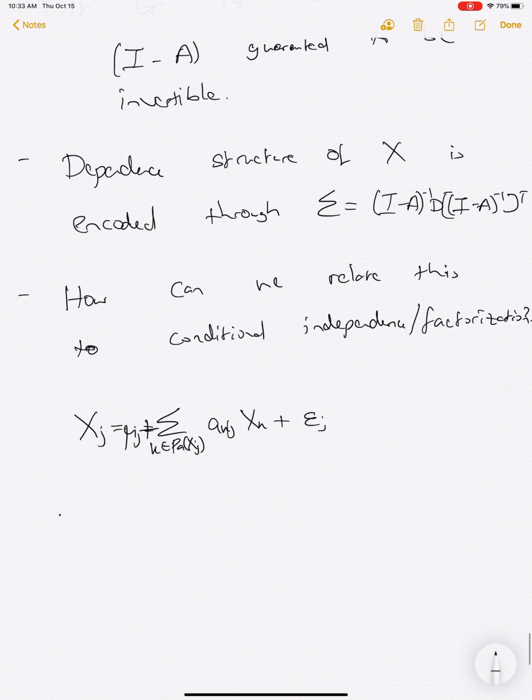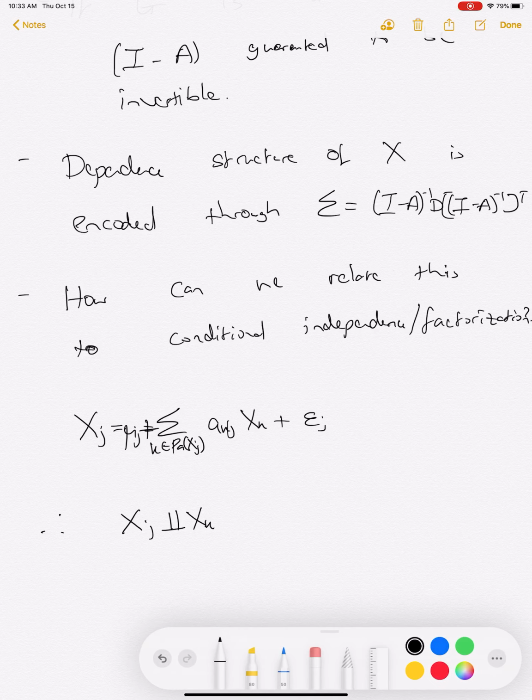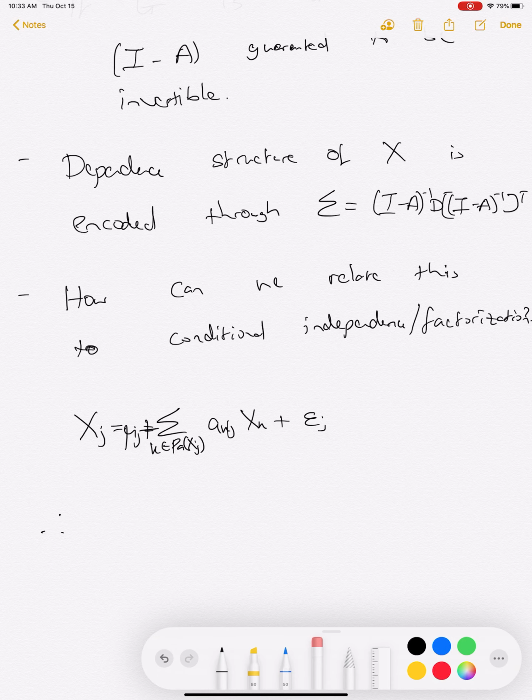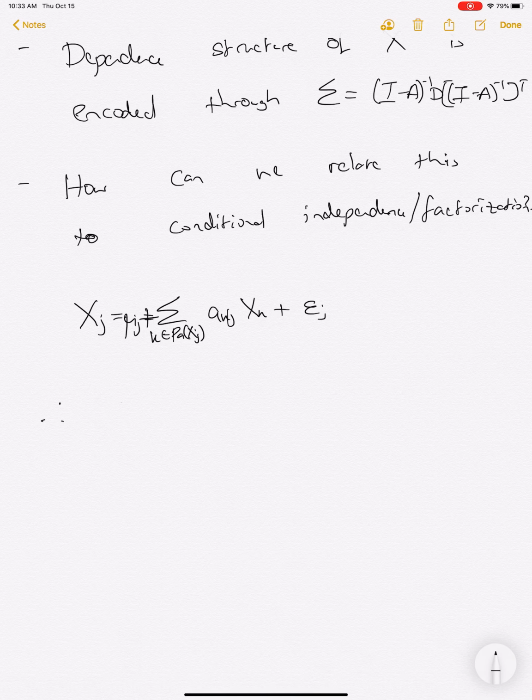So therefore we can say that if xl is not in the parents of xj, then xj is going to be independent of xl.